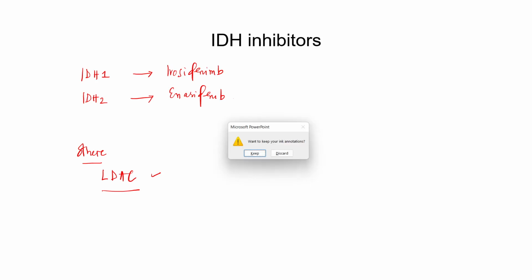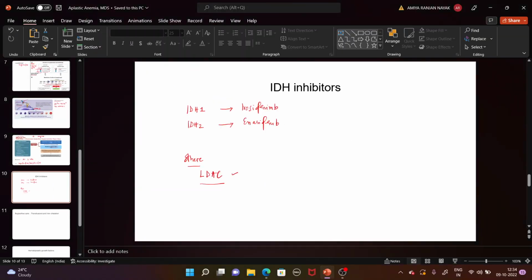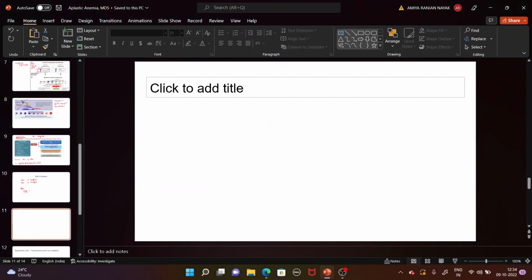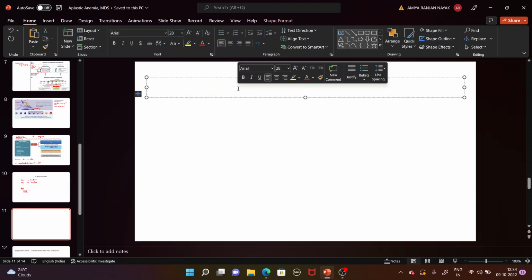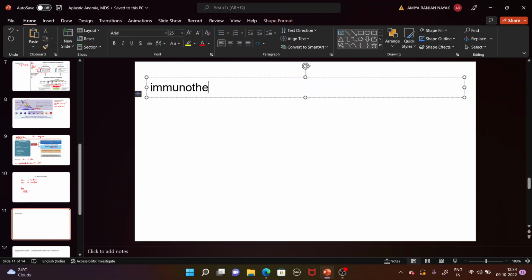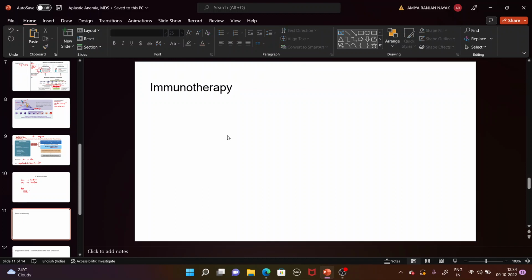Then we'll see the next group, which is immunotherapy. Immunotherapy means use of anti-thymocyte globulin, ATG, or cyclosporine. Now you must be knowing that these drugs are used for patients with aplastic anemia.